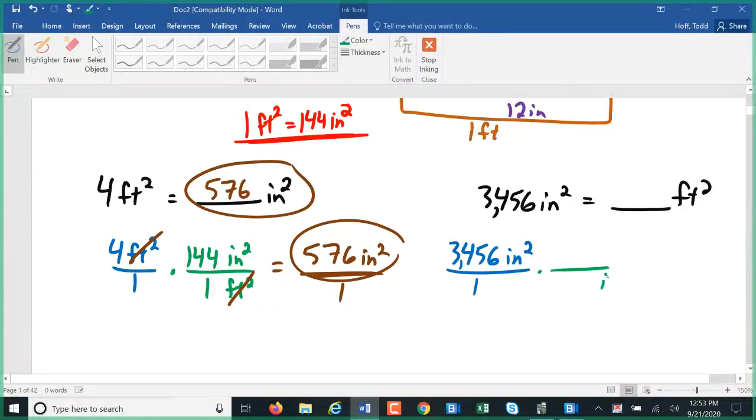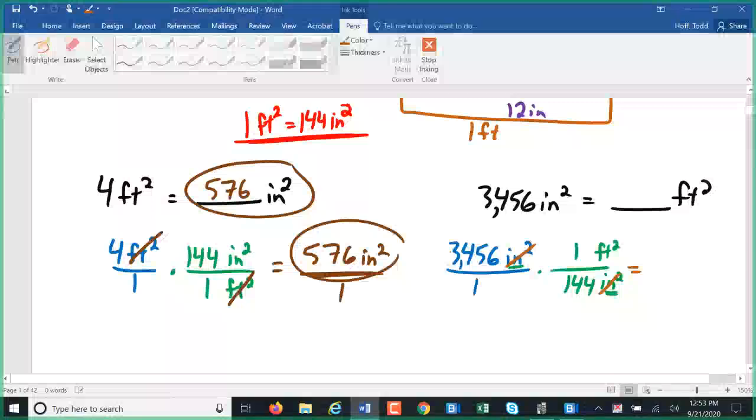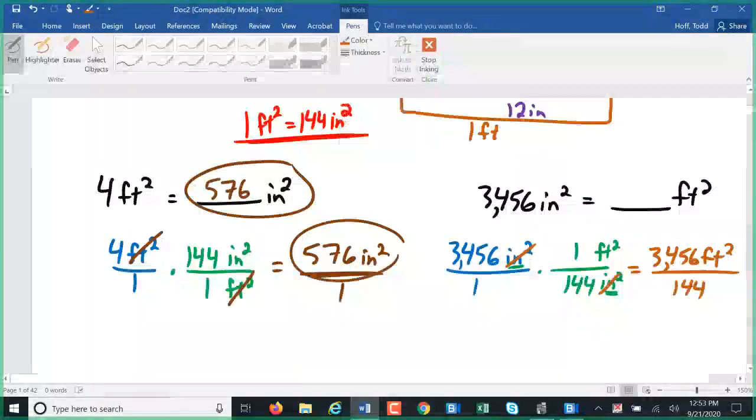We're going to put square inches on bottom here, so square feet will go on top. The square inches went on bottom, so they'll cross cancel. 1 square foot is 144 square inches. Square inches cross cancel. We got 3,456 times 1 square foot over 1 times 144. We divide. 3,456 divided by 144 is 24.